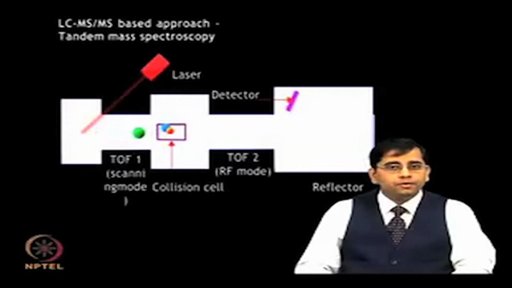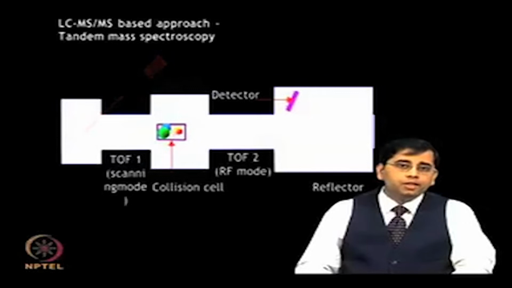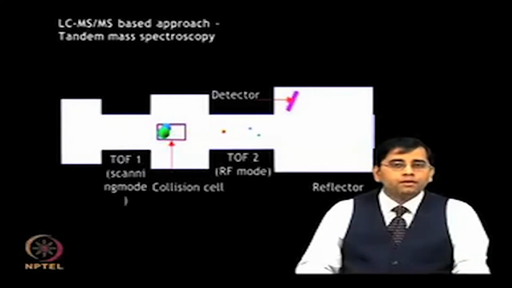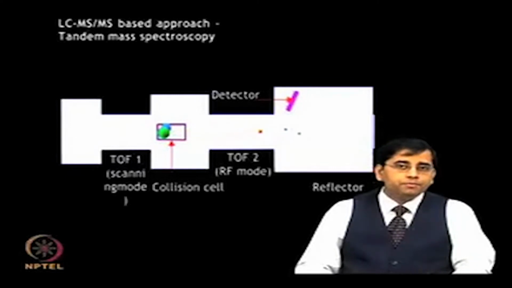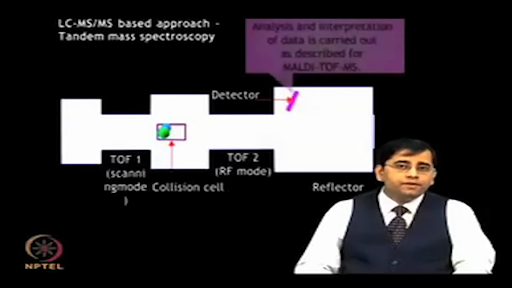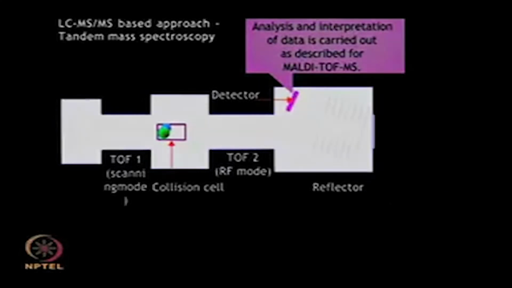Separation is based on the flight time of the ions and greater resolution is achieved due to the presence of two mass analyzers. The peptide ion spectrum generated is analyzed by comparing it with the expected spectrum, thereby allowing determination of modified peptides having different m/z values.